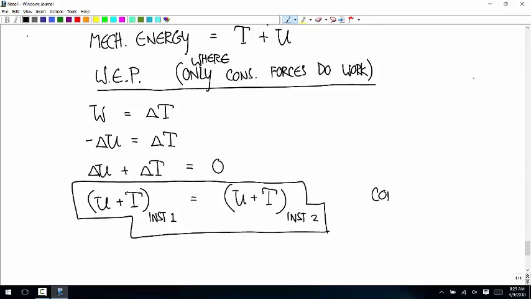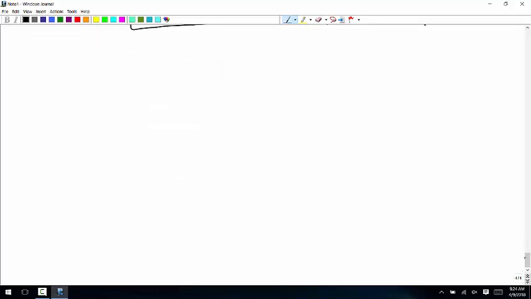Okay, so that's conservation of mechanical energy. So let me do an example.